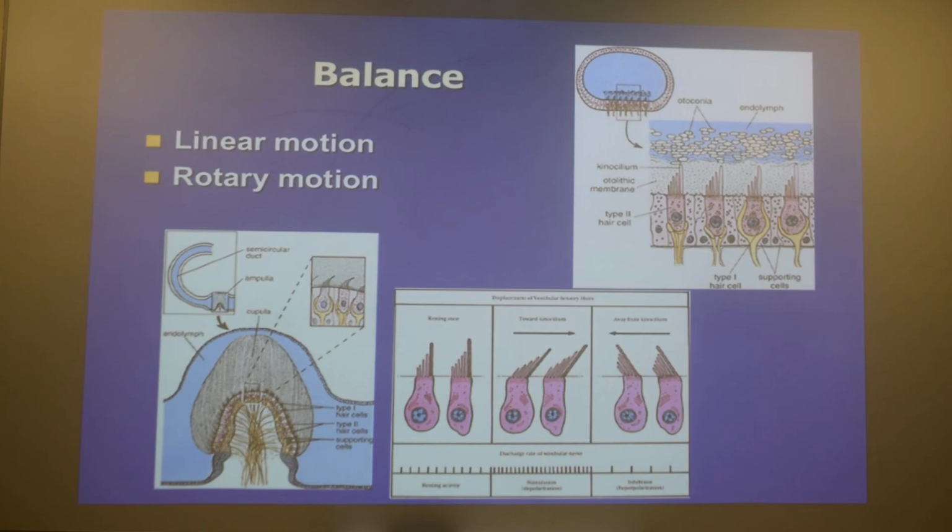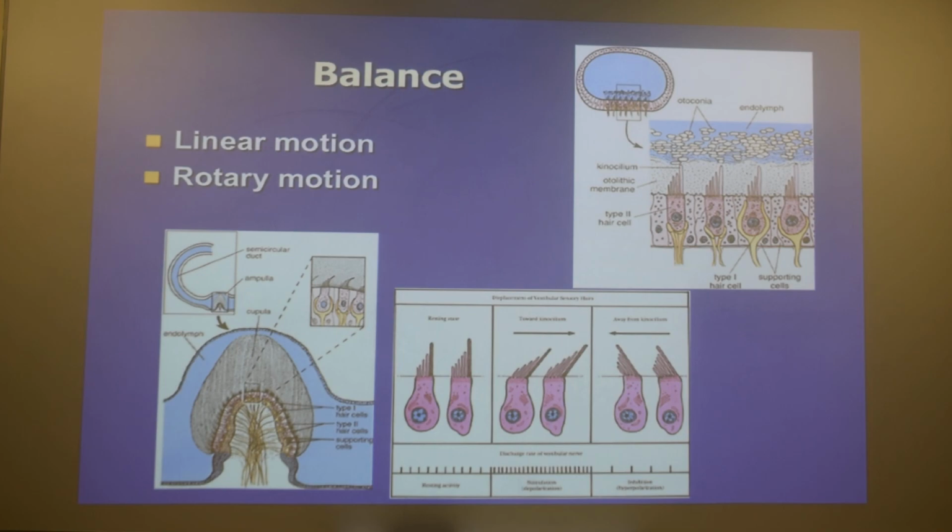Balance during rotatory motion is mainly the function of the receptors within the ampulla of the semicircular canals. So there are receptors in the utricle and saccule, and there are receptors present in the ampulla of the semicircular canal.